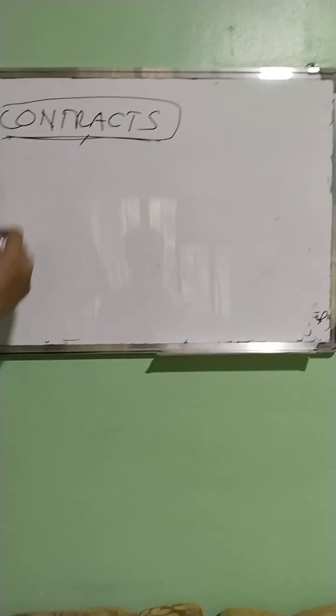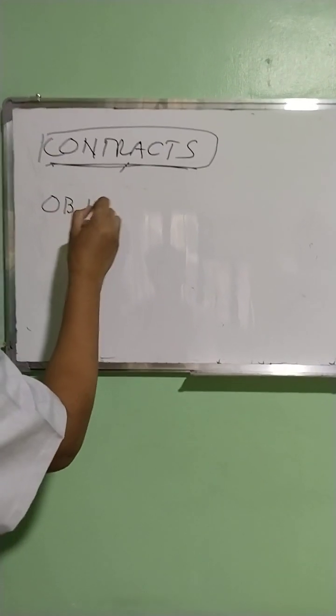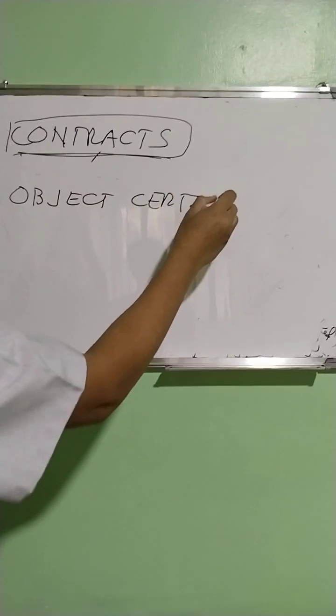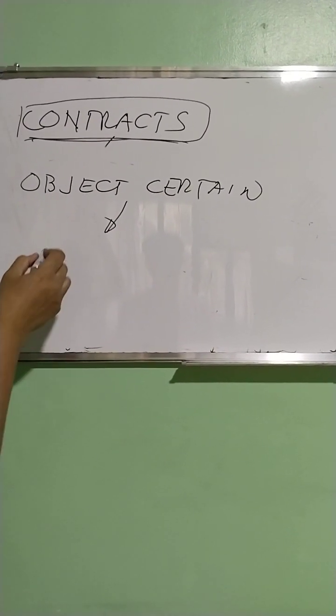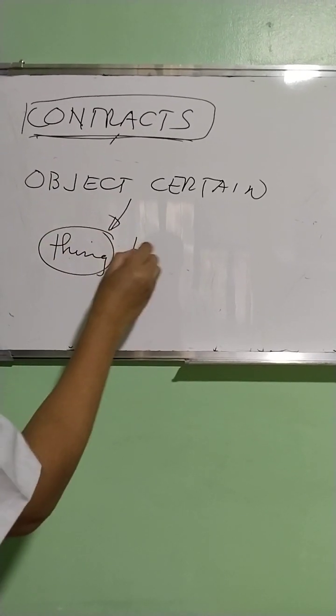Now, of course, the object certain in a contract of lease would be what? Well, the thing that is being leased.